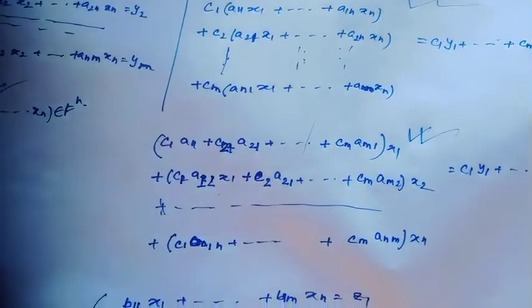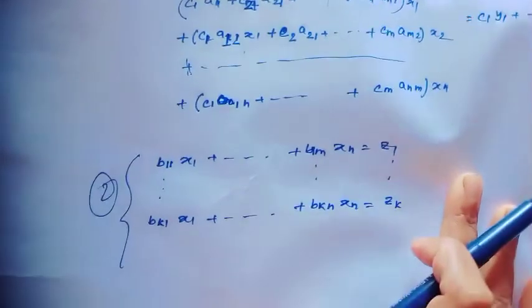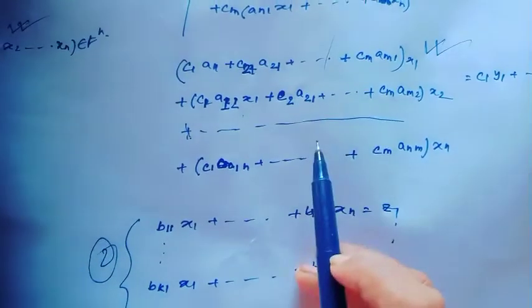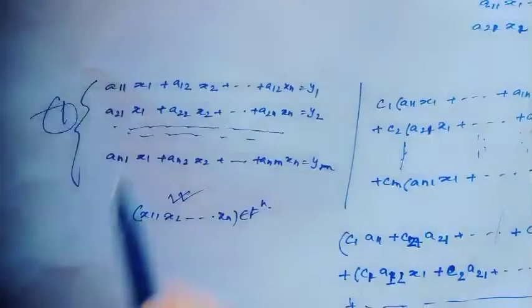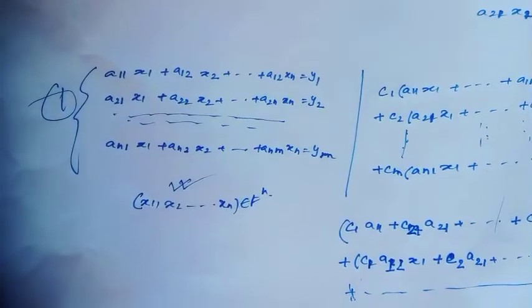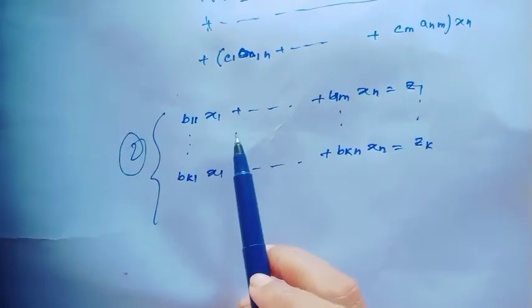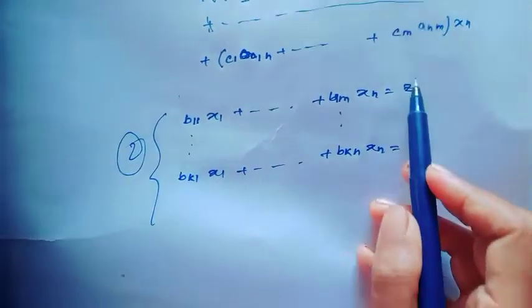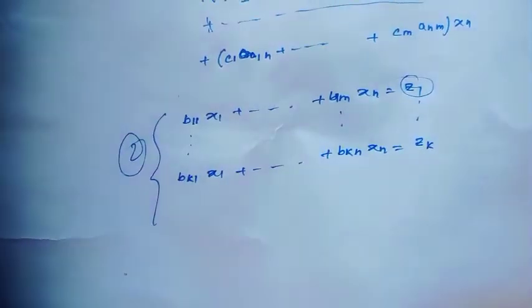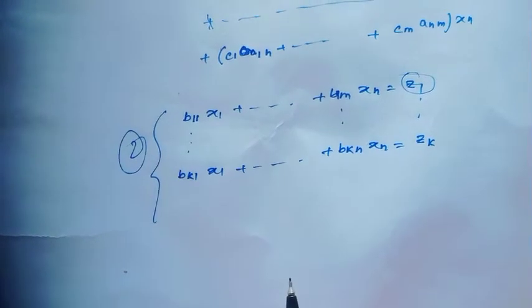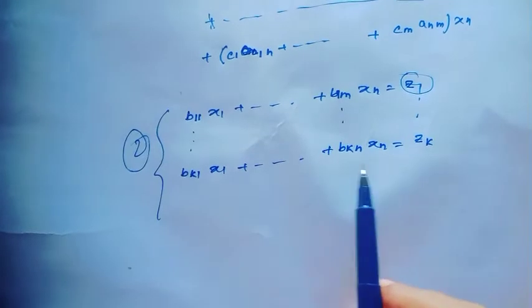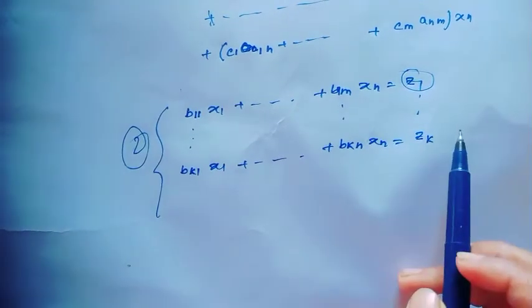Now just rewrite one new equation which is a linear combination of these equations, and it would be of this type: b11 x1 plus up to b1n xn equal to z1, up to bk1 x1 plus up to bkn xn equal to zk.